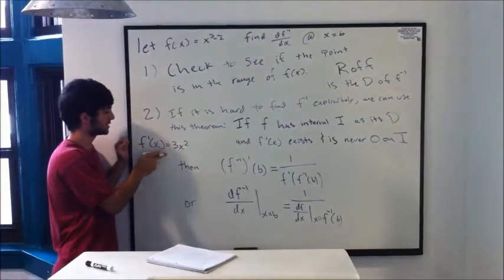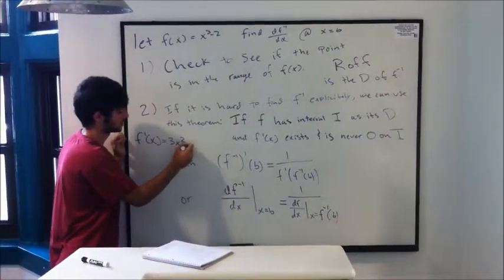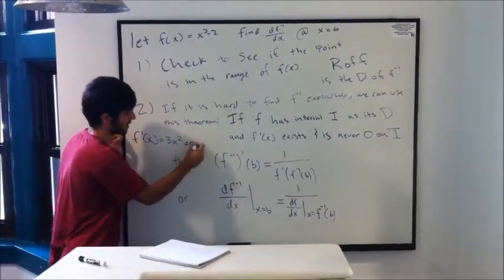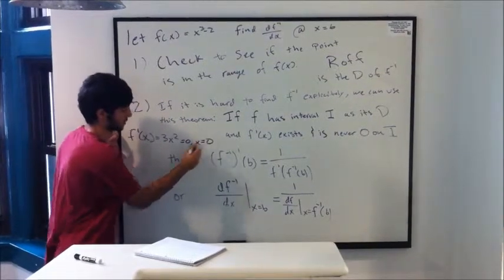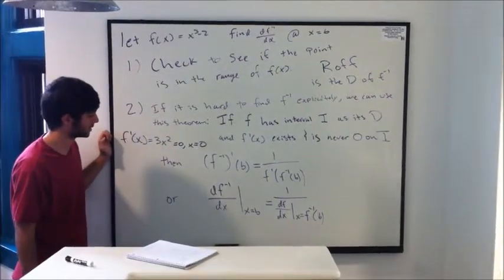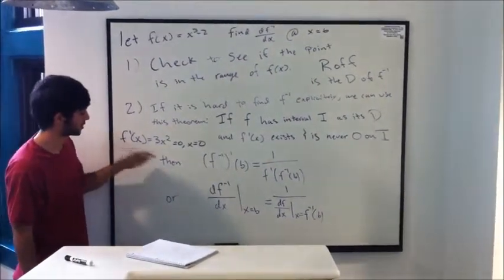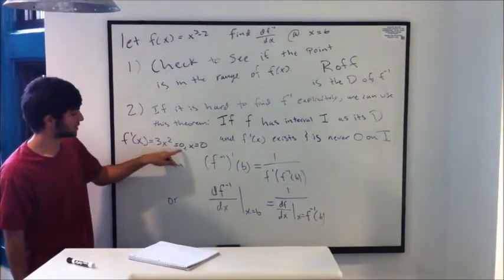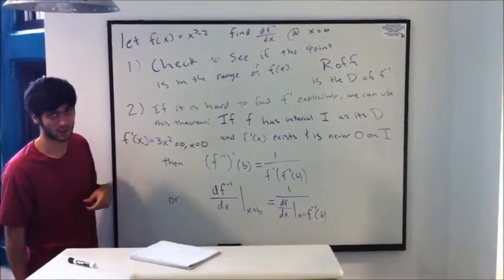So we know that this equals 0 when x equals 0. So we know that 0 can't be a part of our I.